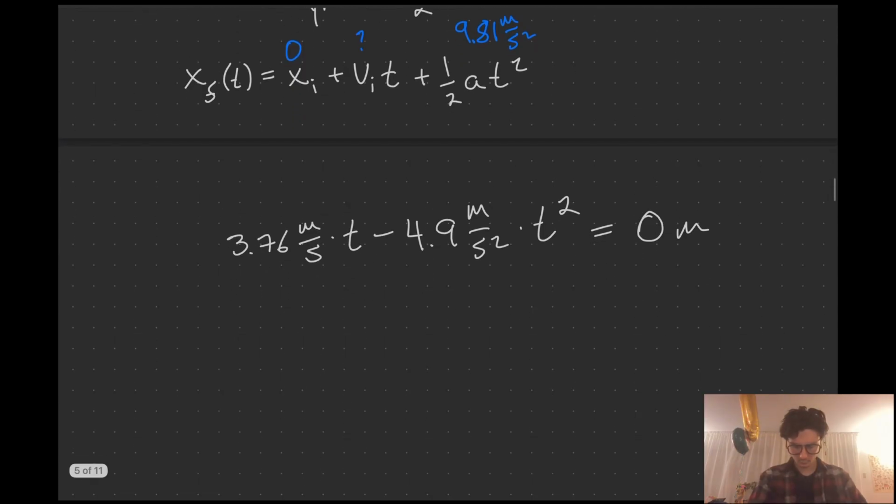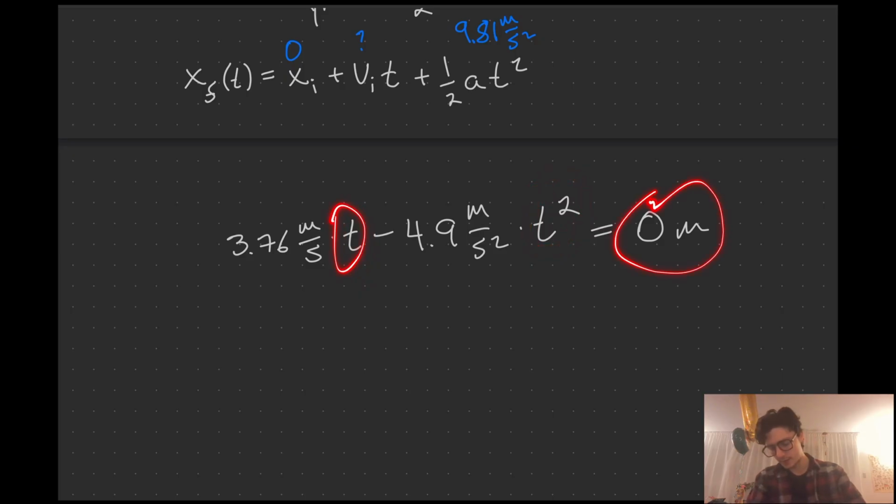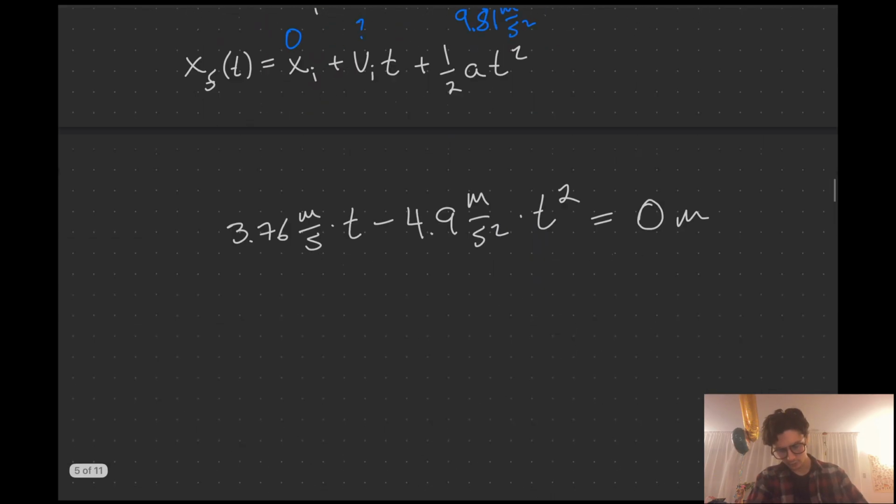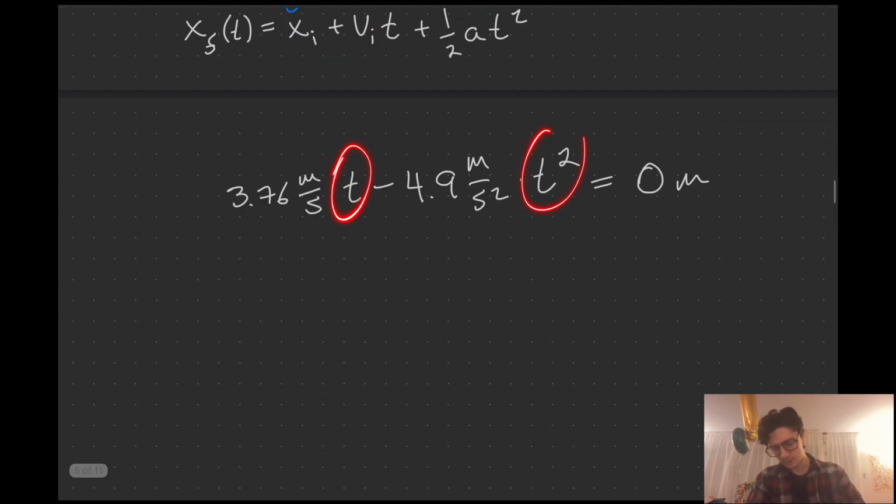Because we are looking for the time. Time is the only variable that is in this equation. We're looking for the time when the jumper is at 0 meters. Obviously, if you plug in 0 over here, that is when he is at 0 meters, because he jumps over here at time equals 0 and is starting from the origin. But we need to find another time where this guy's height is at 0.